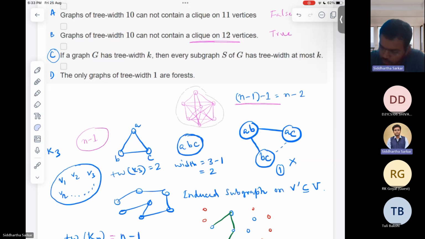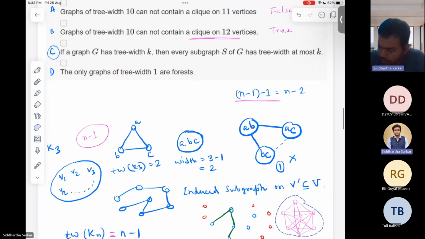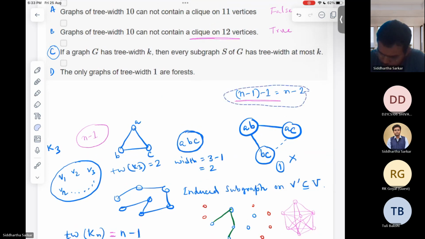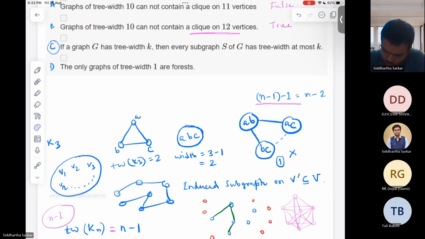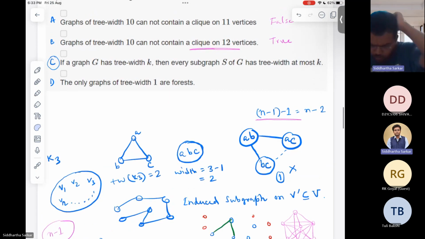So let us try to make it slightly rigorous. You have been given a graph G, and it is told that the treewidth of this graph is k.